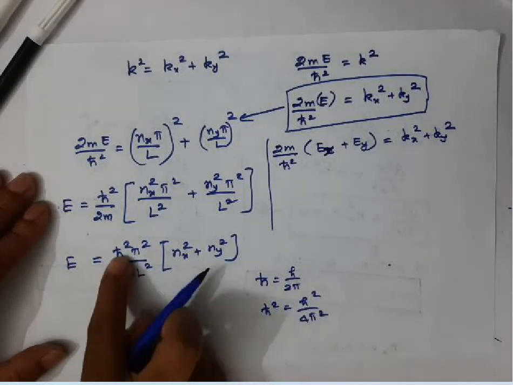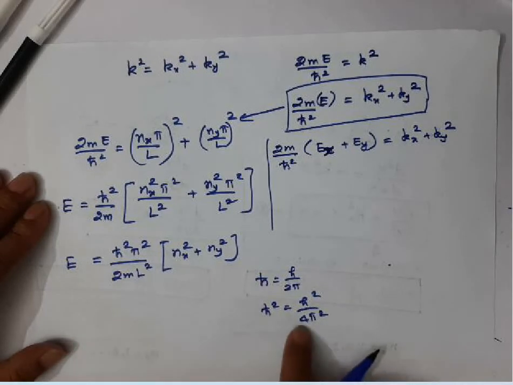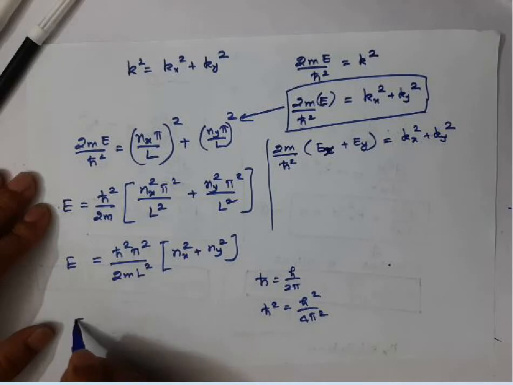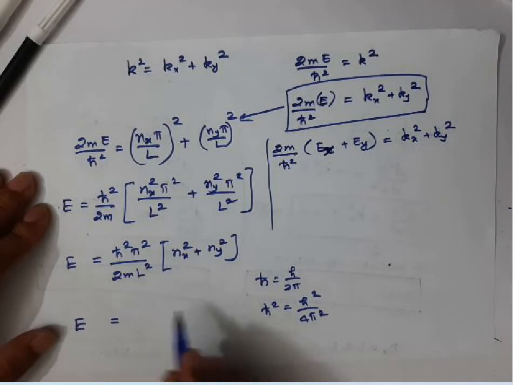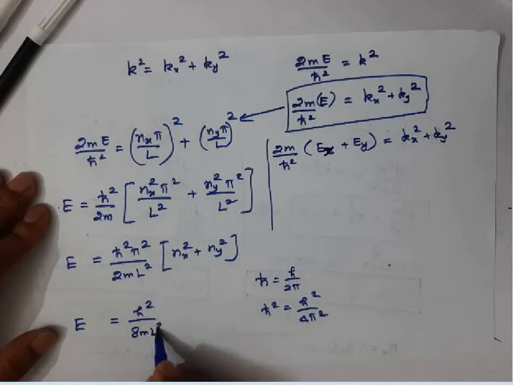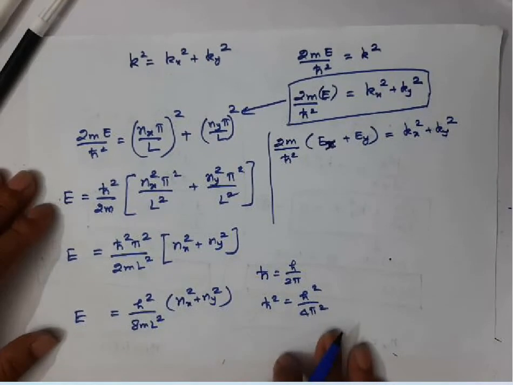If I substitute this here, pi square cancels, and 4 into 2 becomes 8. So you will get an expression for energy as E equals h square by 8ml square into nx square plus ny square.